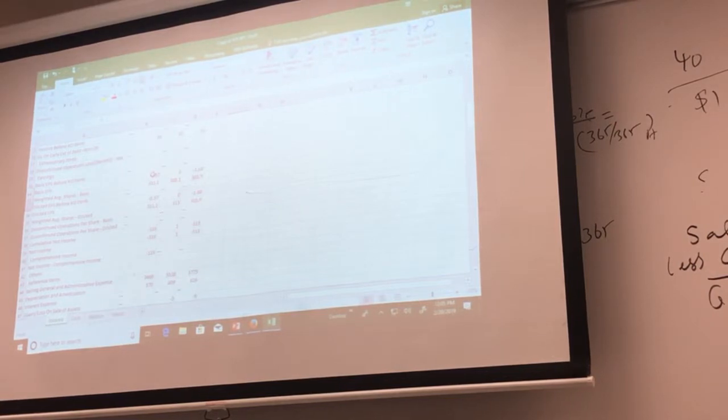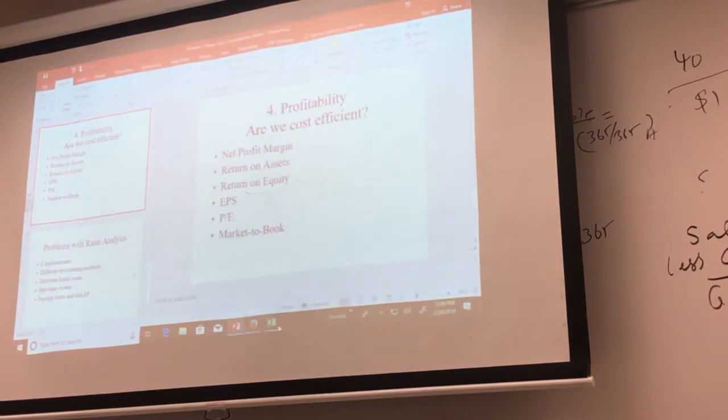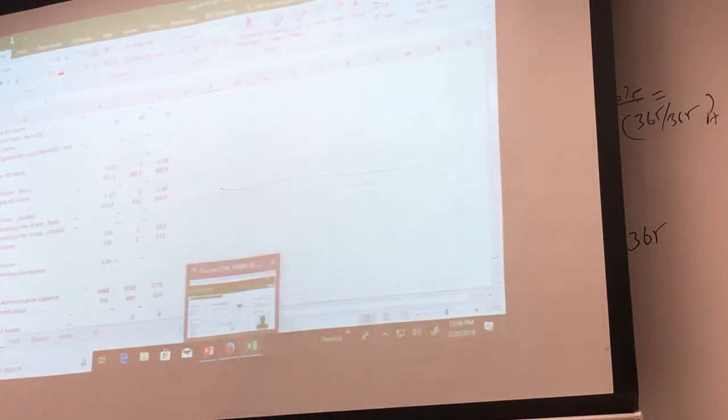Those are abnormal activities. When they shut down some stores, and they have some tax losses or tax gains, those are one-time items. So you want to ignore one-time items. So you will not use cumulative. You will use just that 1 year, because cumulative can distort your analysis. In this case, they're the same, because they didn't discontinue any operations.